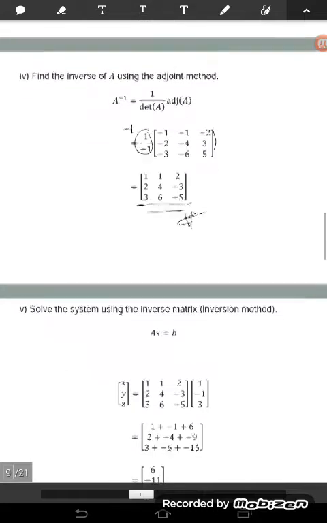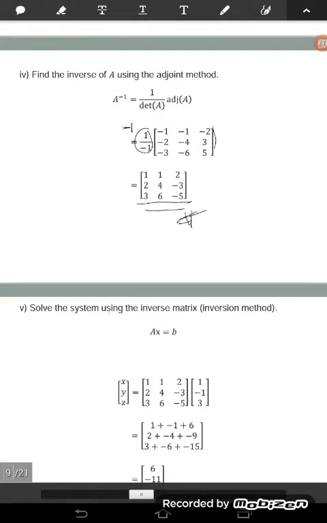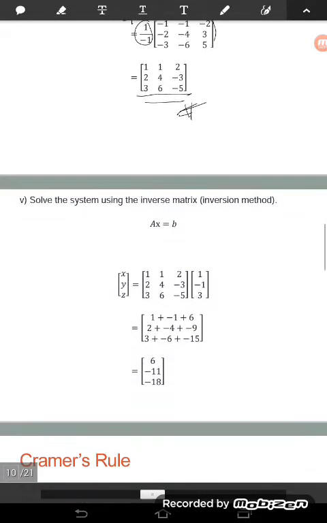Okay, so next, solve the system using the inverse matrix method.